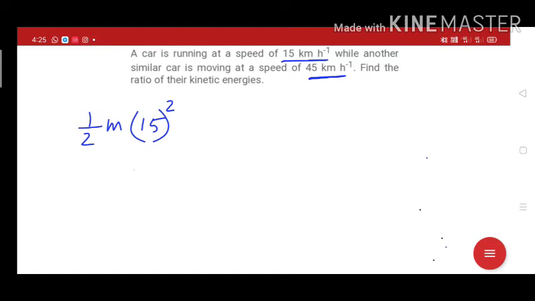So here we are not going to convert them to meter per second, we are just calculating directly. So half m, and it is 45 square.